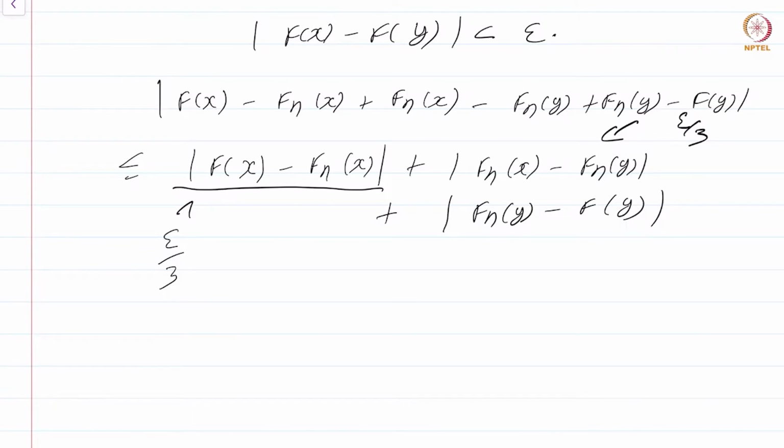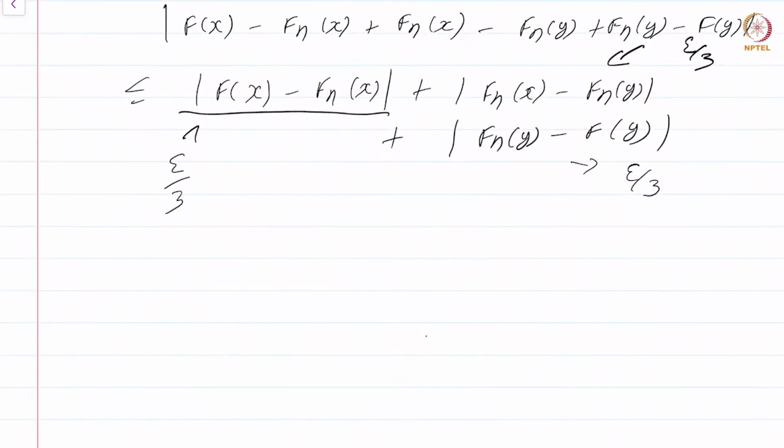And the third term can be made less than epsilon by 3 for the same reason, f_n(y) converges to f(y). So you would think it is certainly possible to make |f(x) - f(y)| less than epsilon by choosing delta appropriately, but not so quick. Let's see what happens.